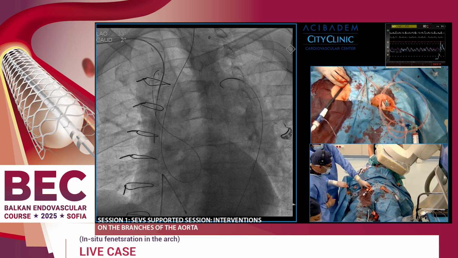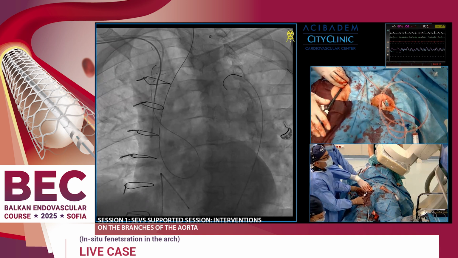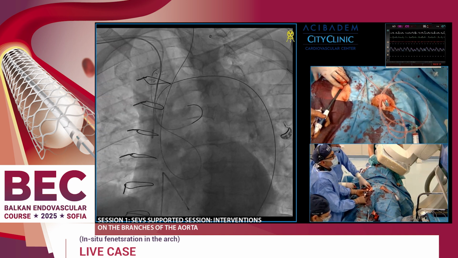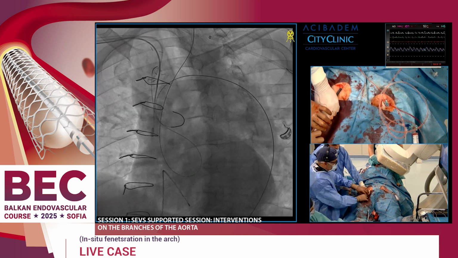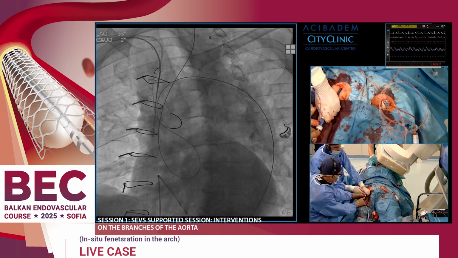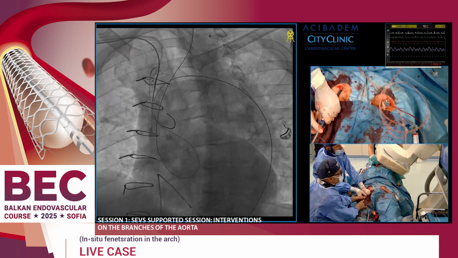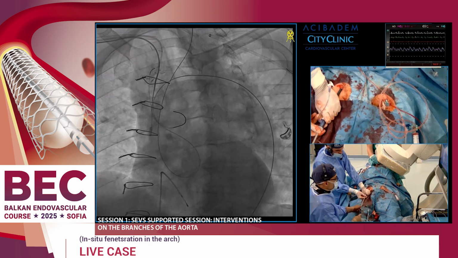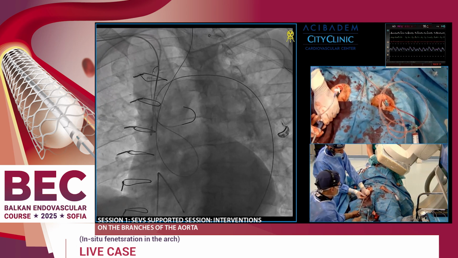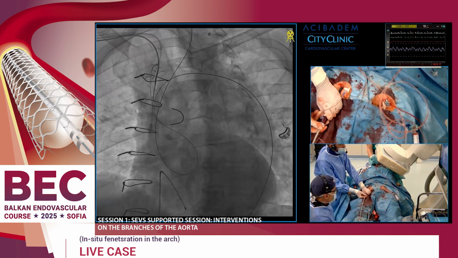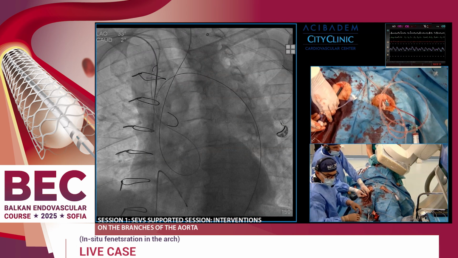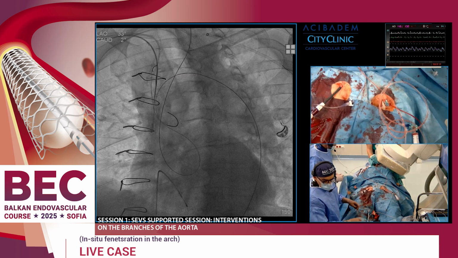Of course, they are equal now, but in a minute, there will be a difference. This is not the right position. In the meantime, we have lost the ascending aorta position. And because this is the most important part, we are going to reposition the catheter.